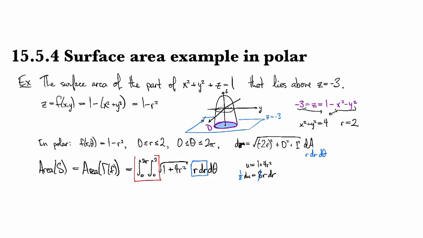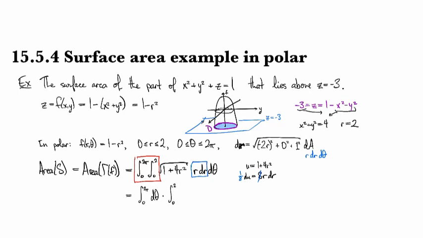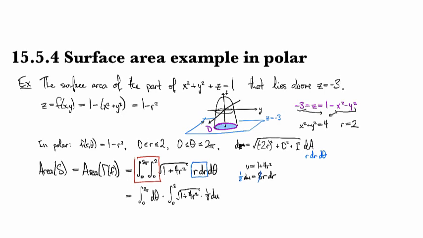So we can pull this out as integral 0 to 2 pi d theta times the integral from 0 to 2, 1 plus 4r squared inside the root times 1/8 du. Oh, whoops, I forgot to switch my integrand here. Okay, so there's my u to the 1/2 now. Sorry about that.